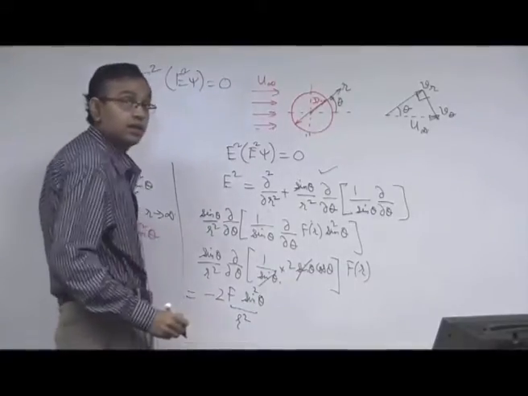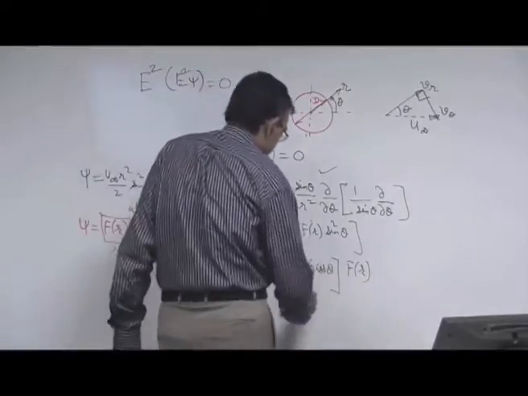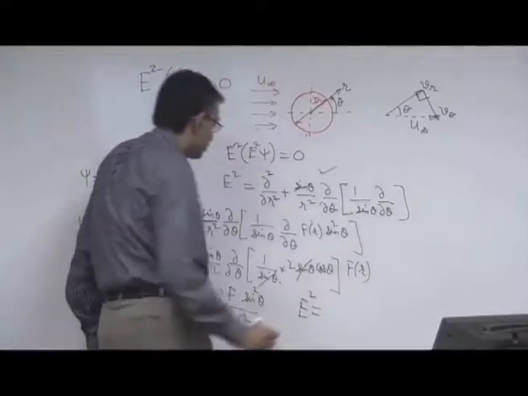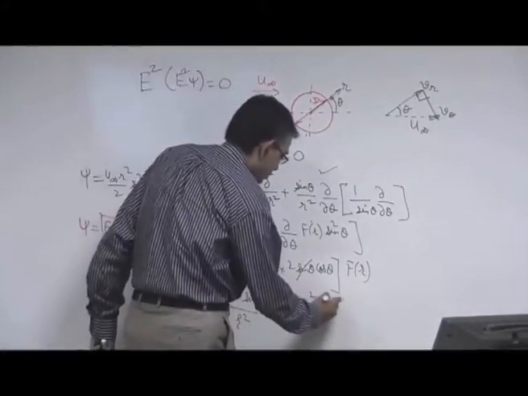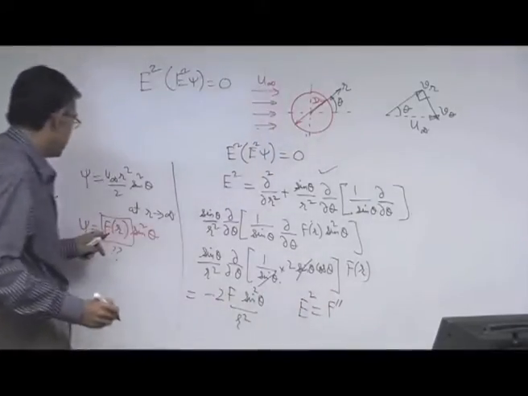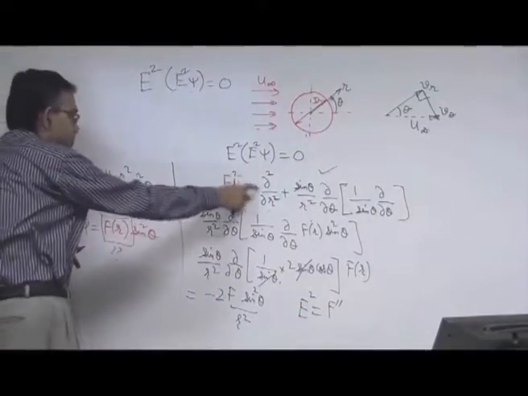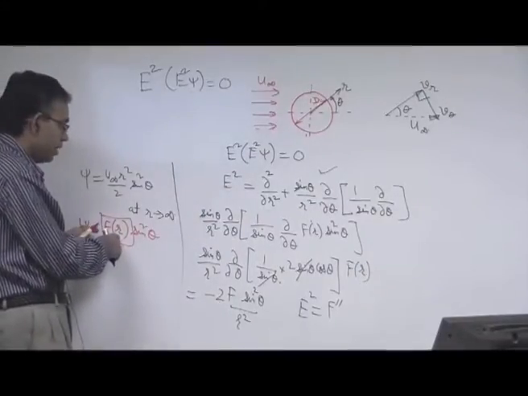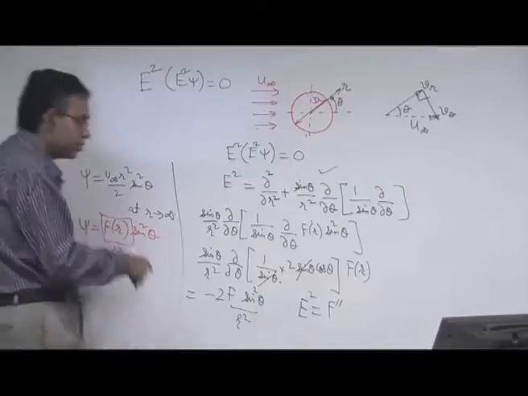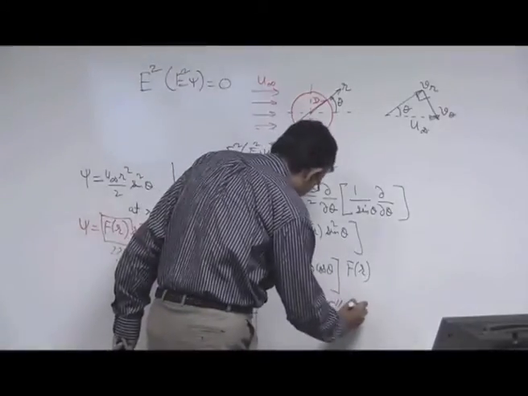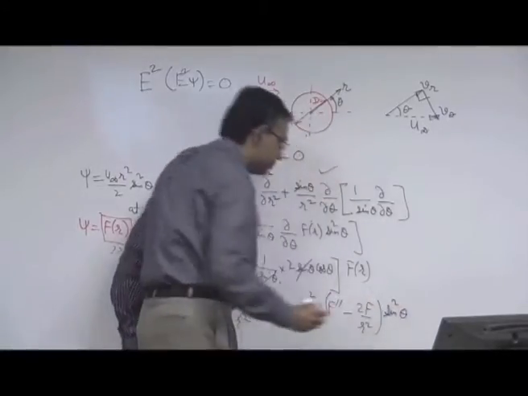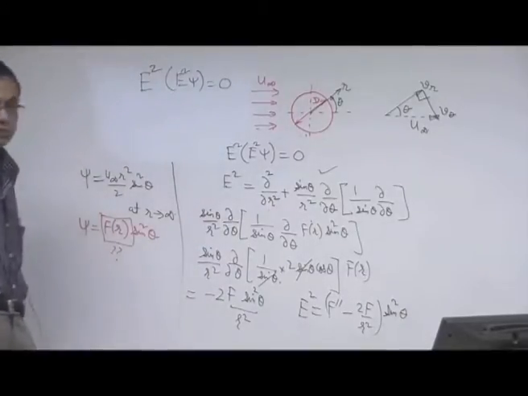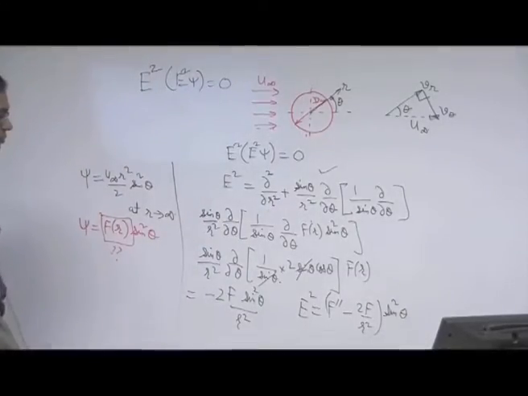So, what is E square? F double dash. Del square del r square of this particular term will become f double dash sin square theta. So, sin square theta is common, f double dash minus 2f by r square sin square theta.